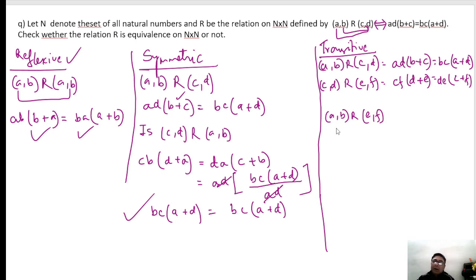That is, AF(B plus E), and this is coming BE(A plus F). So let's check what we can do.